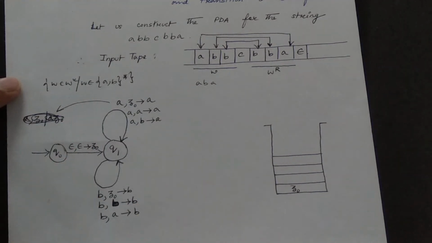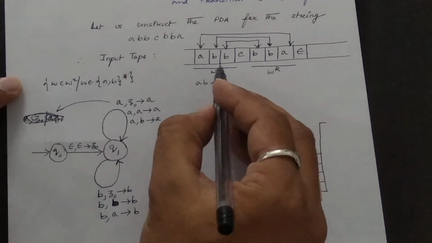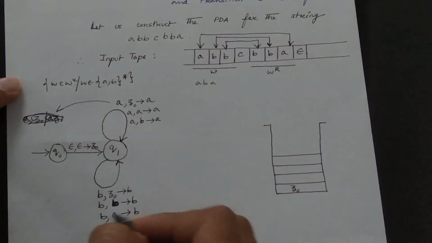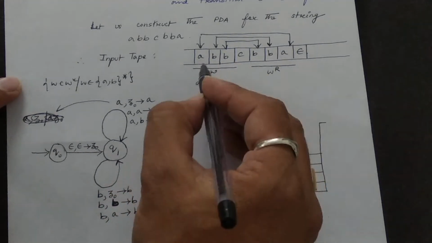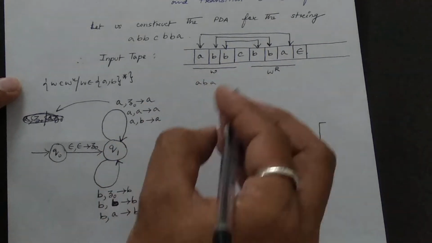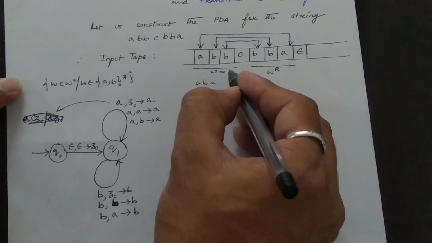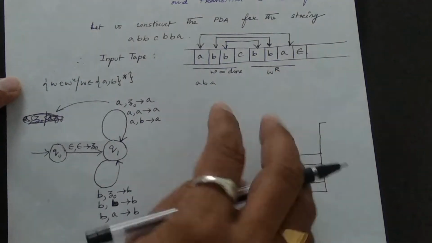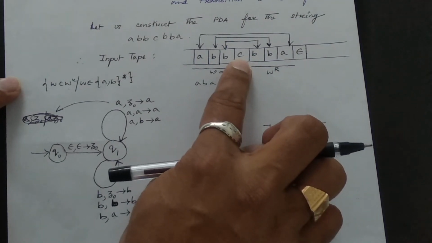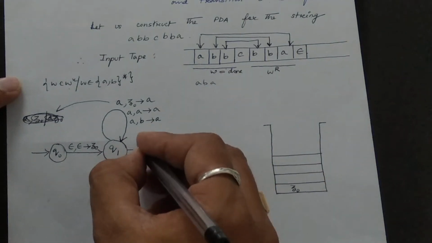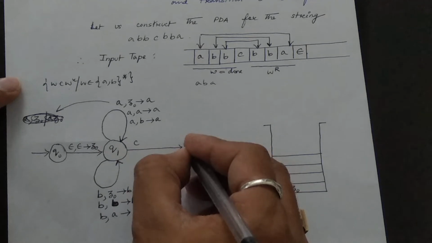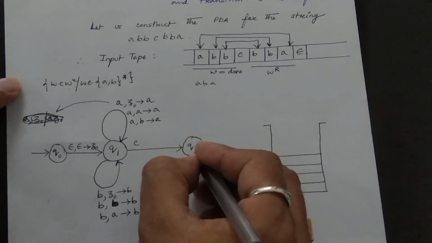Clear? Now I'm moving forward. So all the A's and all the B's have been read, correct? And that means read and push also, right? So the pushing operation of this W is done. Now I will take the next symbol, that is C, correct? So on seeing C, as this is a different element, it will change the transition and move to Q2, correct?